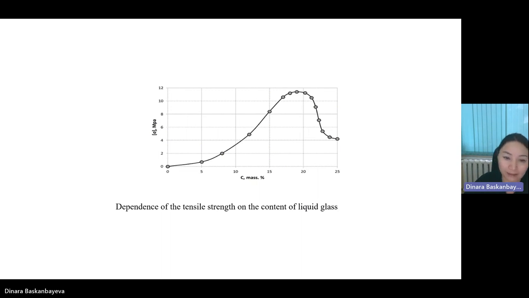In this case, the dependence of strength on the glass contents in the system passes through a sharp maximum. This dependence is shown in this picture.